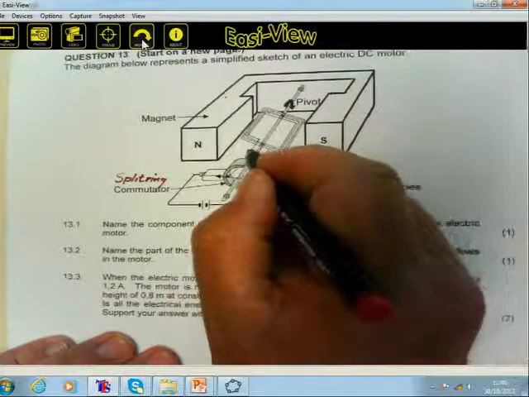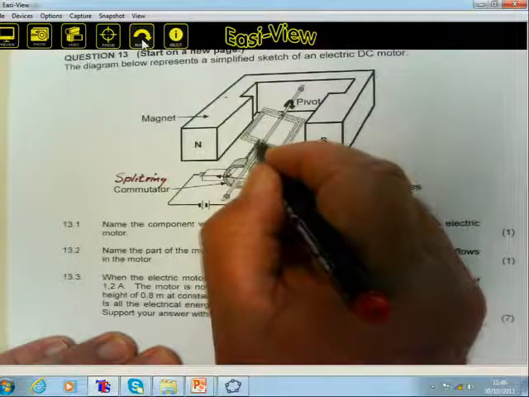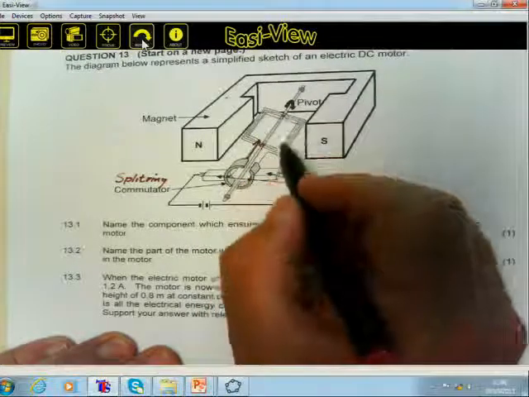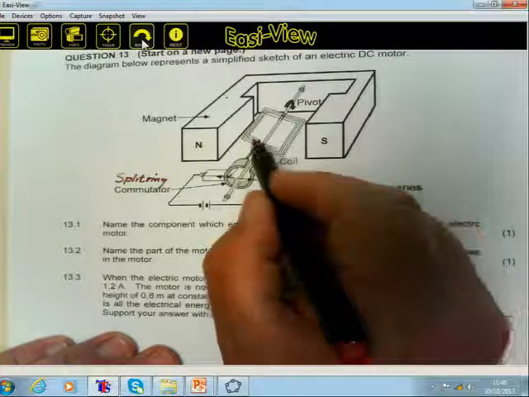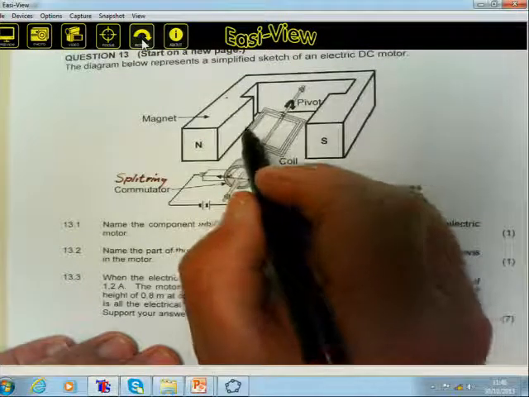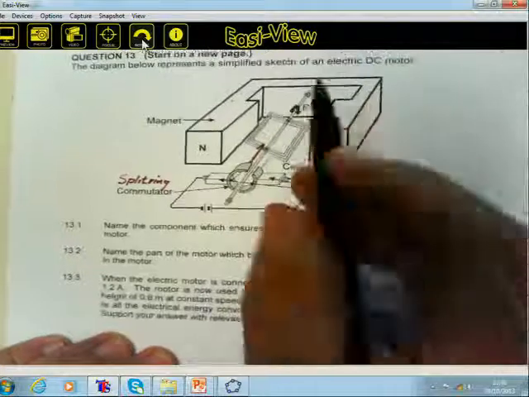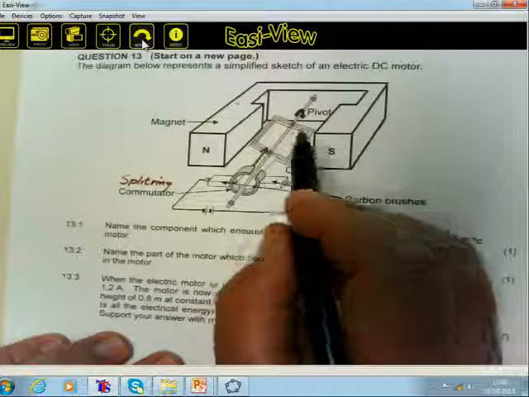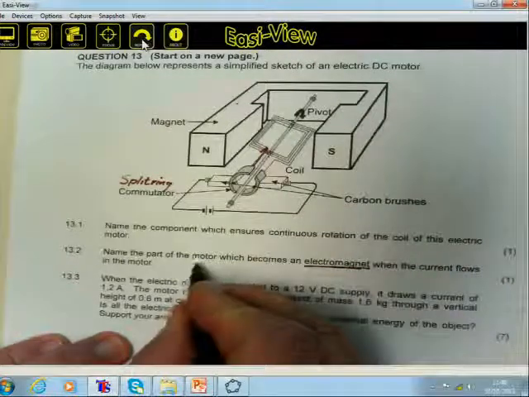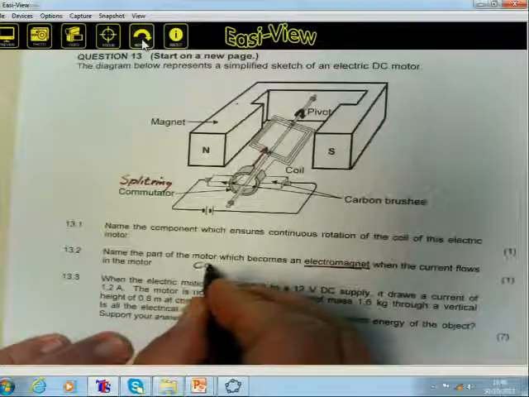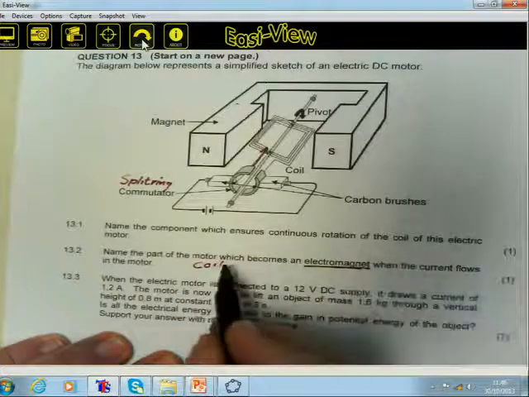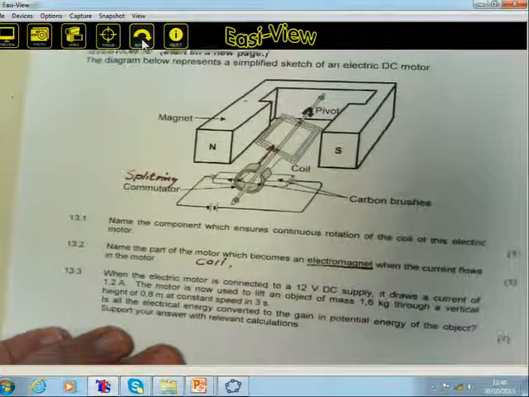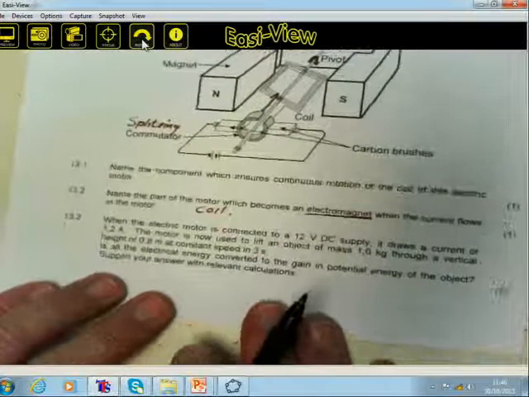That is because when the current starts to flow in this conductor, in this coil, then this coil becomes an electromagnet, and then two magnetic fields are attracting and repulsing each other, causing the motion. So you must have your answer ready as the coil is the part of this motor which causes it to be an electromagnet.